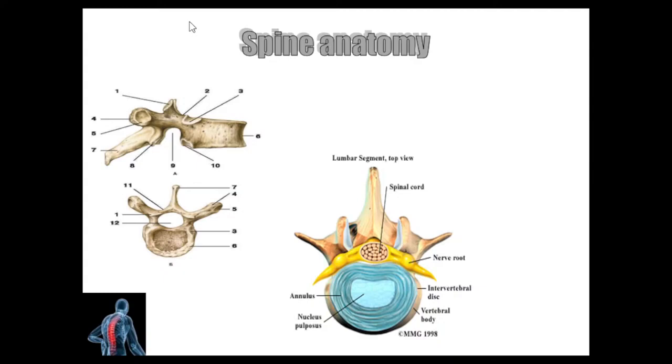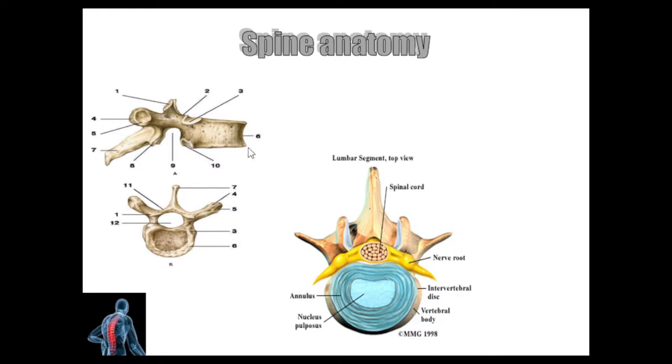The foramens of the vertebrae form the so-called vertebral canal. In that canal we have the spinal cord and spinal nerves, which are very important. And as you know, the spinal cord is a part of the central nervous system.